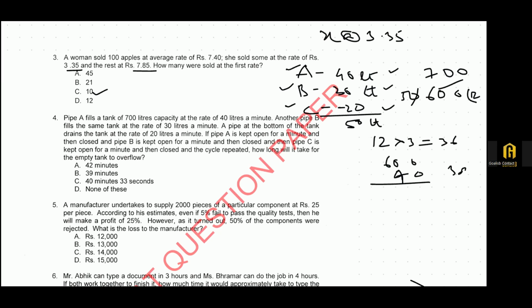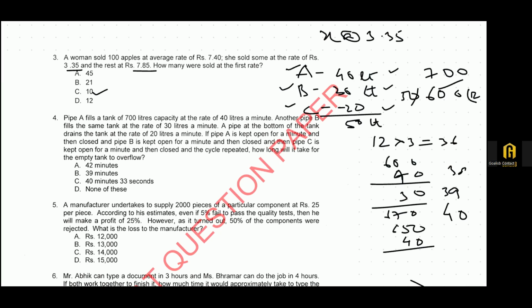Now, again, water has to flow out 20 liters. So in the 39th minute, it will go back to 650 liters. What will happen in the 40th minute? In the 40th minute, again 40 liters of water will come in. It will become 690.